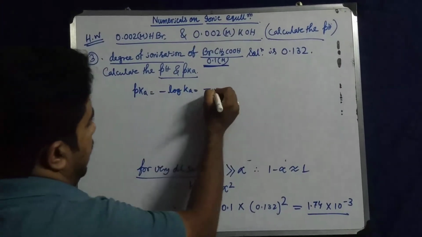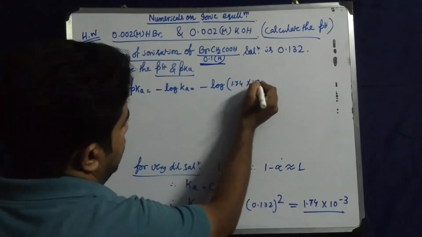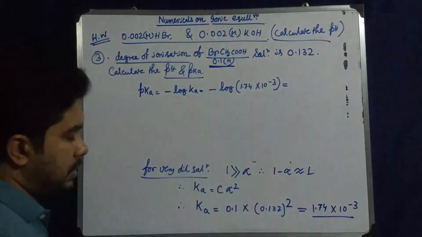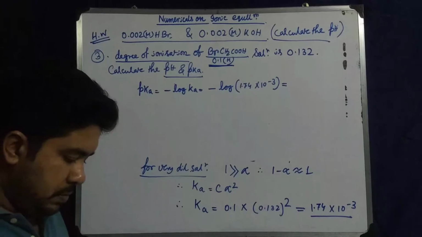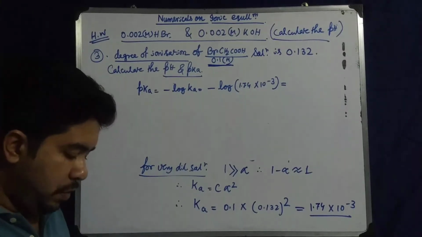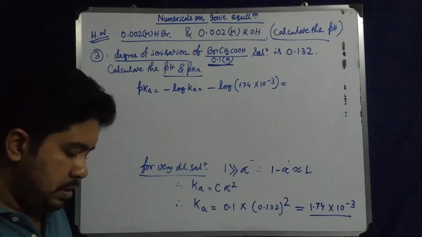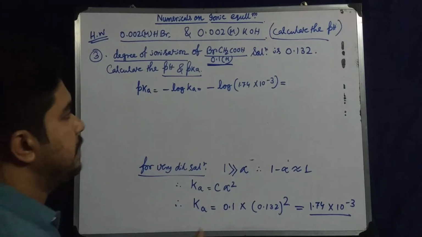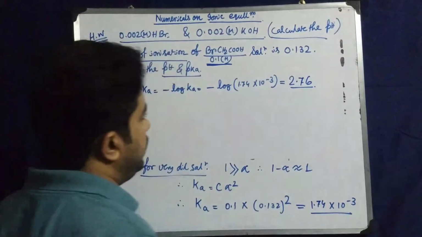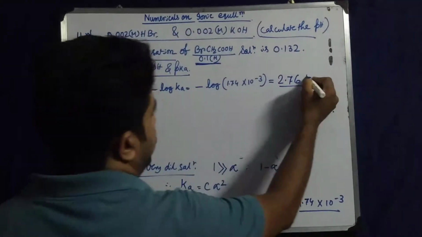So if we take minus log of 1.74 into 10 to the power minus 3, and solve this, what will we get? It will be 2.76. That will be our answer. Okay, this is the pKa value. One answer we already got, 2.76.